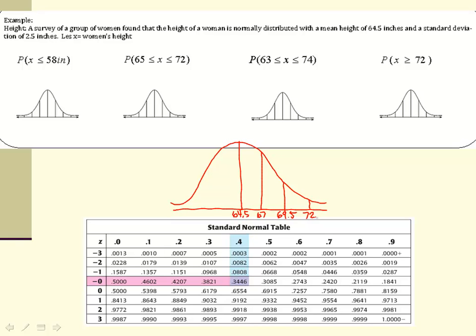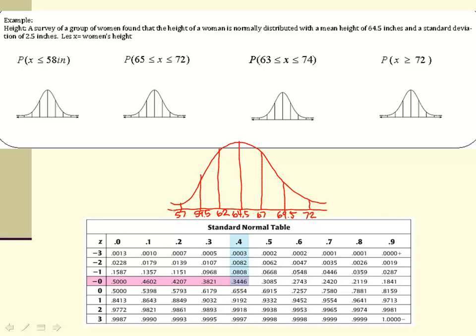Okay? So to go back one deviation, I'm going to subtract 2.5, you get 62. To go back two deviations, I'm going to subtract another 2.5, so 59.5. And if I go three deviations back, I end up getting 57. Now, the reason I do this first is because some of the time they're going to ask me things about these exact standard deviations.